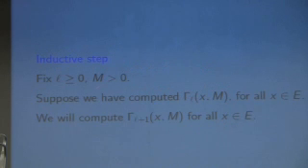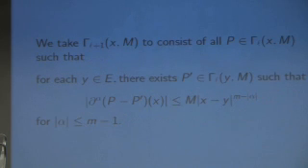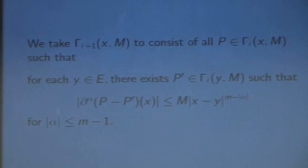And then remember the induction step. Fix L and fix M, and suppose that we have computed all of these for all X in E for the given L and the given M. Then we're going to compute gamma L plus 1 of xm. And not really, we'll use the oversimplified pedagogical algorithm. But here it is.